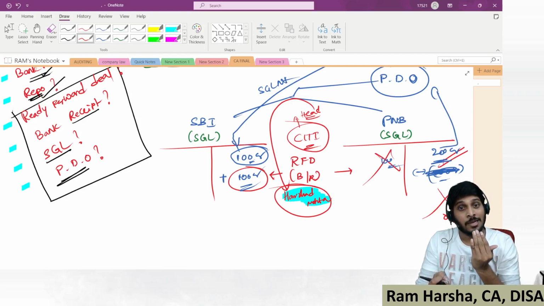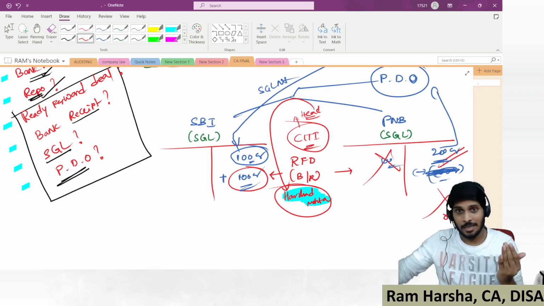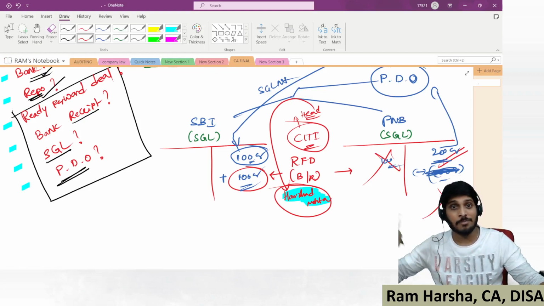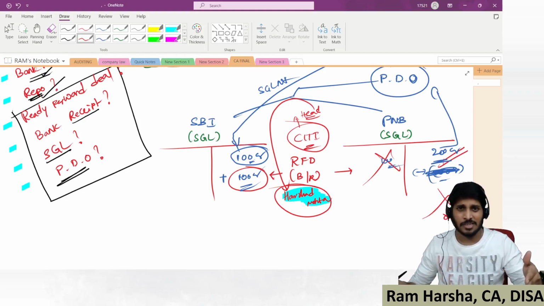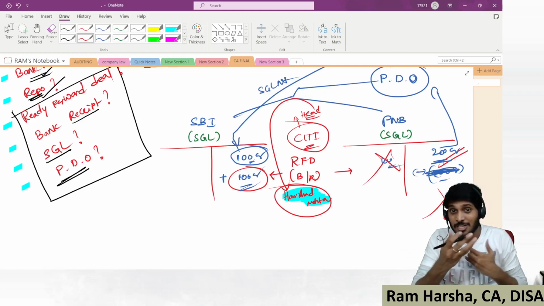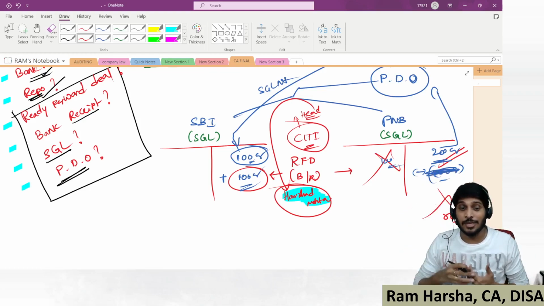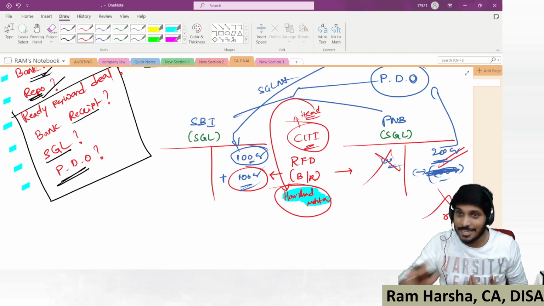He would take a bank receipt and give it to the other bank, telling them the money would come within 1 week. Within this 1 week, the check is in the name of Harshad Mehta. He has a bank account elsewhere. He would deposit it in his broker account and then transfer the funds.